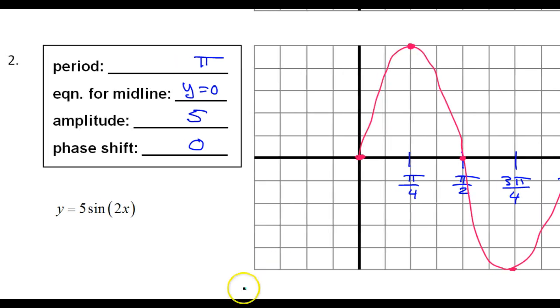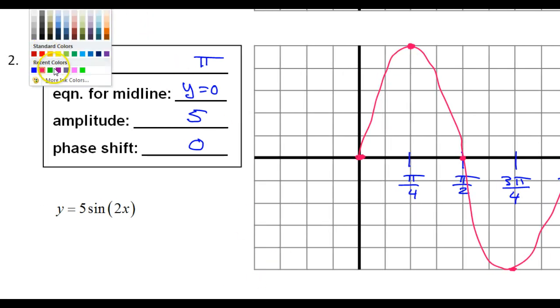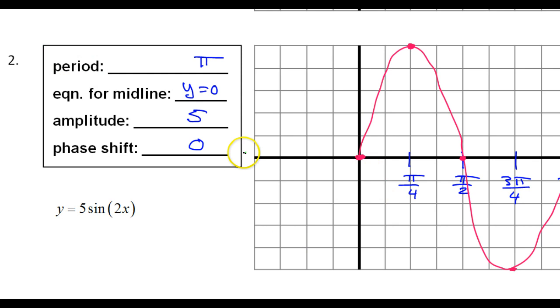Now I'm going to extend the pattern in purple to see what would happen filling the rest of my graph. So you can see it's going down and up, and so it's going to go down and up again. So it would go again down 5 because that's the amplitude, and back. So if I continue the pattern, this is a little bit too pointy. It's got to be a little bit more rounded like this.